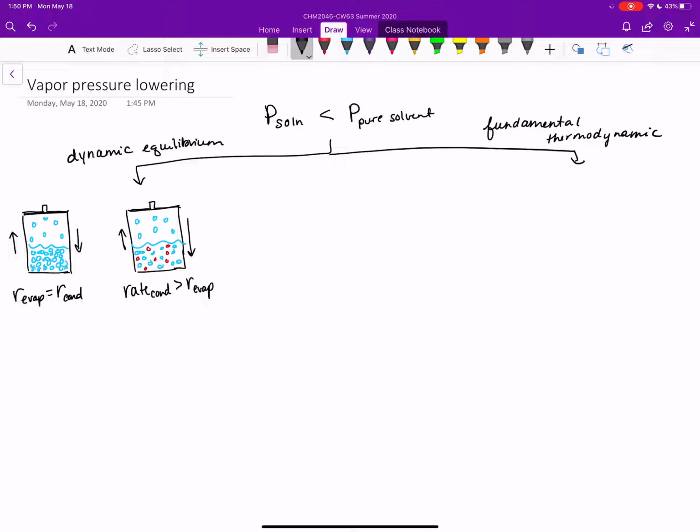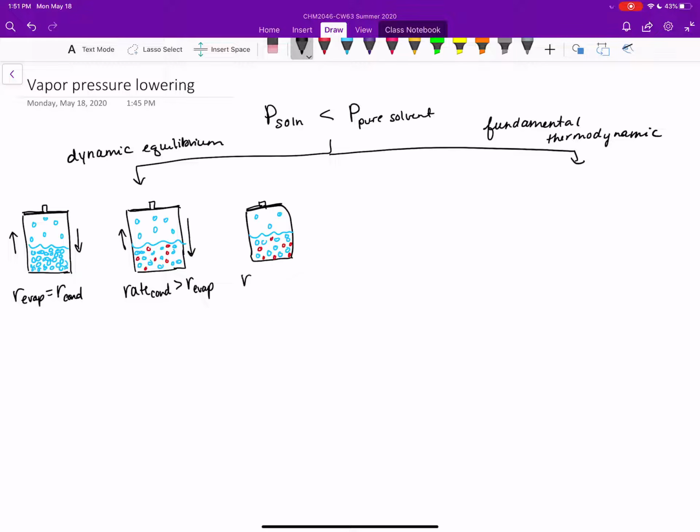Okay, and so the rate of condensation is greater than the rate of evaporation, and then eventually the rate of condensation will slow down until the two rates are equivalent again. But what will happen is that I'll have a slightly more dilute solution and a slightly lower vapor pressure here because those solute particles have pulled these solvent particles into solution.